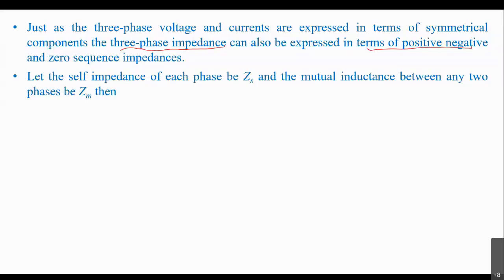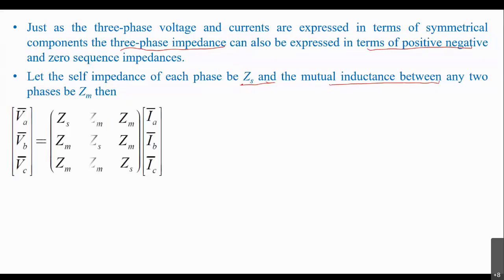Let us consider a transmission line with simple series impedances. The series impedances are Zs, the self impedance, and the mutual impedance between two phases, let us say Zm. Then we can write the voltage equation, in fact the voltage difference between the two ends of the transmission line.